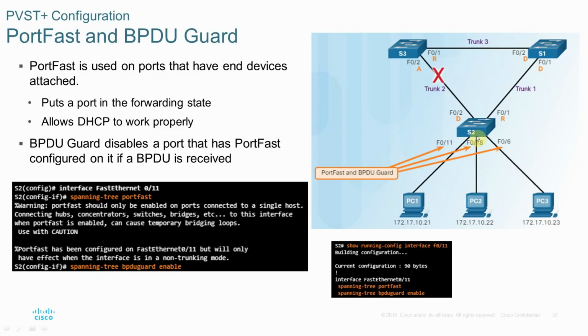It means we are effectively bypassing spanning tree on that port, because it does not go through the spanning tree port states. And for BPDU guard, you need to do two things with the end devices, I mean the ports connected to end devices like PCs, cameras, servers, or printers. These are all end devices. For these ports you need to configure PortFast as well as BPDU guard.